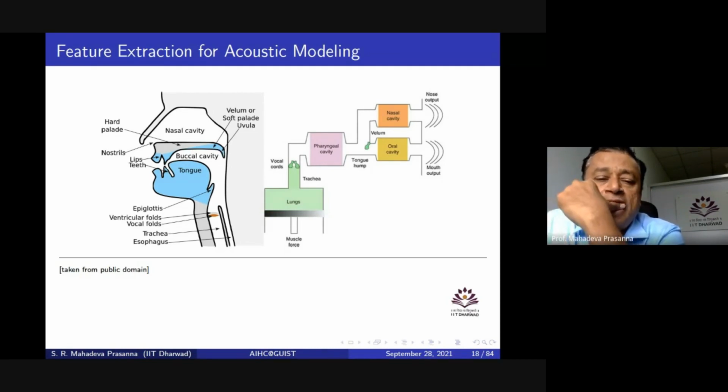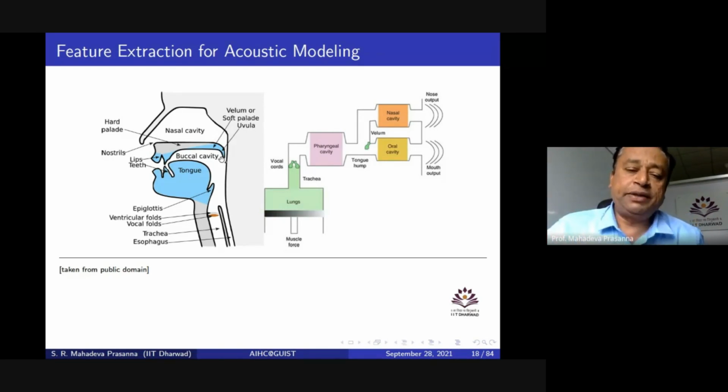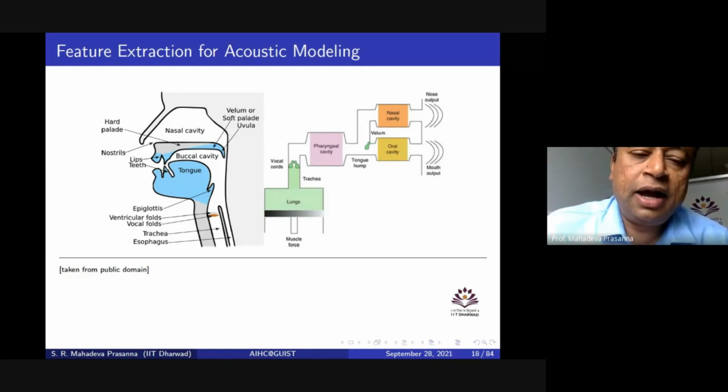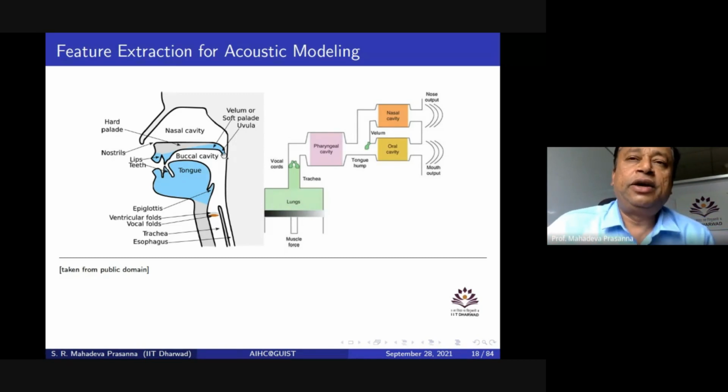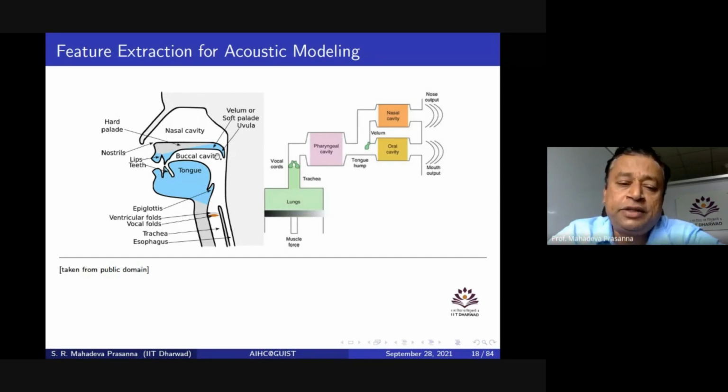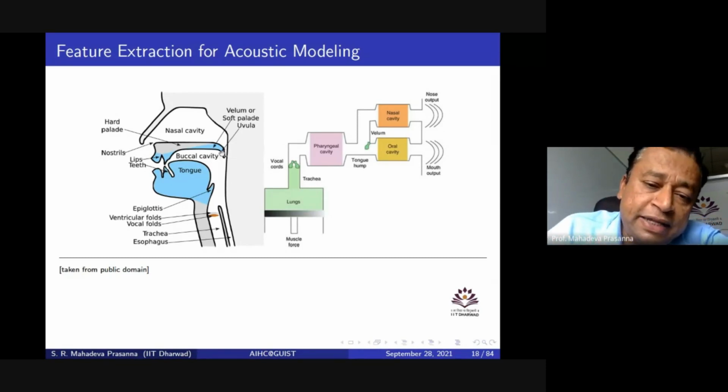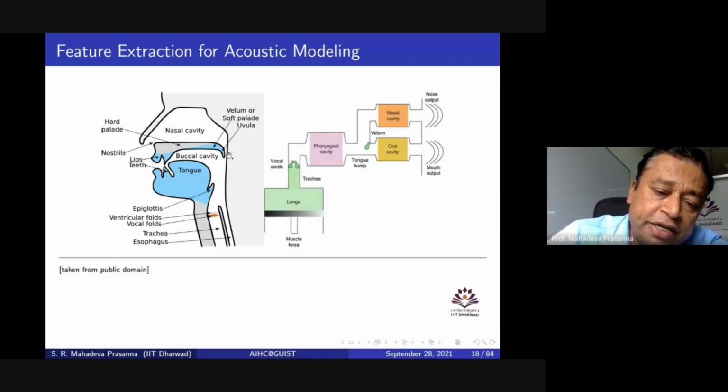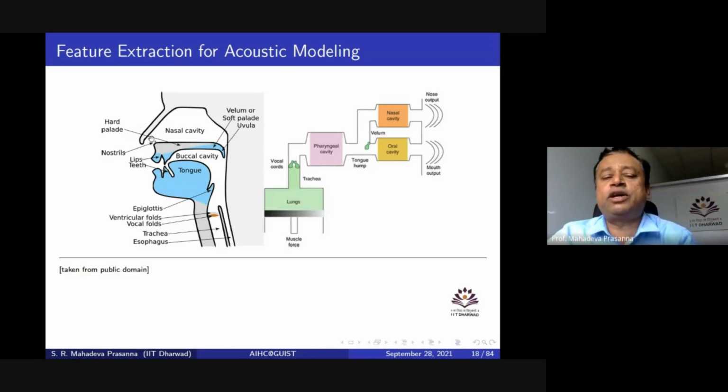When that happens because of neural degeneration, and the velum is not functioning properly, its function is to completely seal off the nasal cavity when we are generating oral sounds, and to be completely wide open whenever nasal sounds are to be generated.